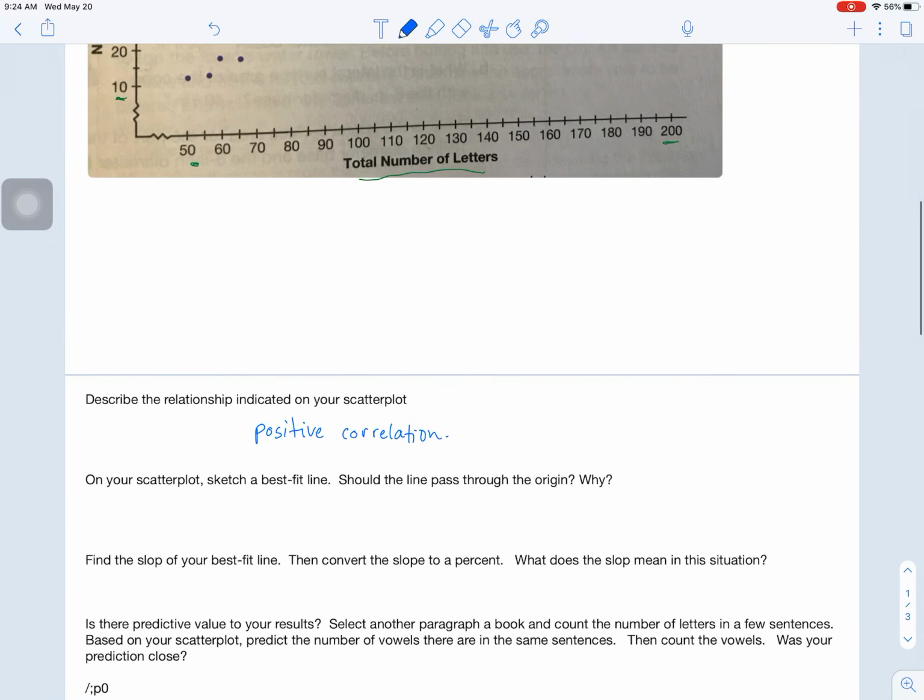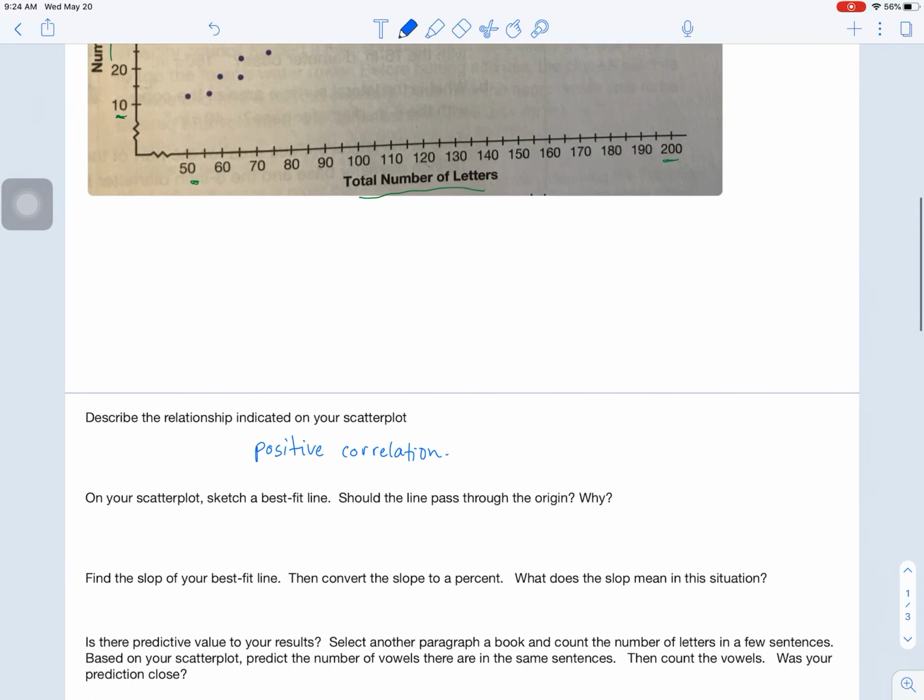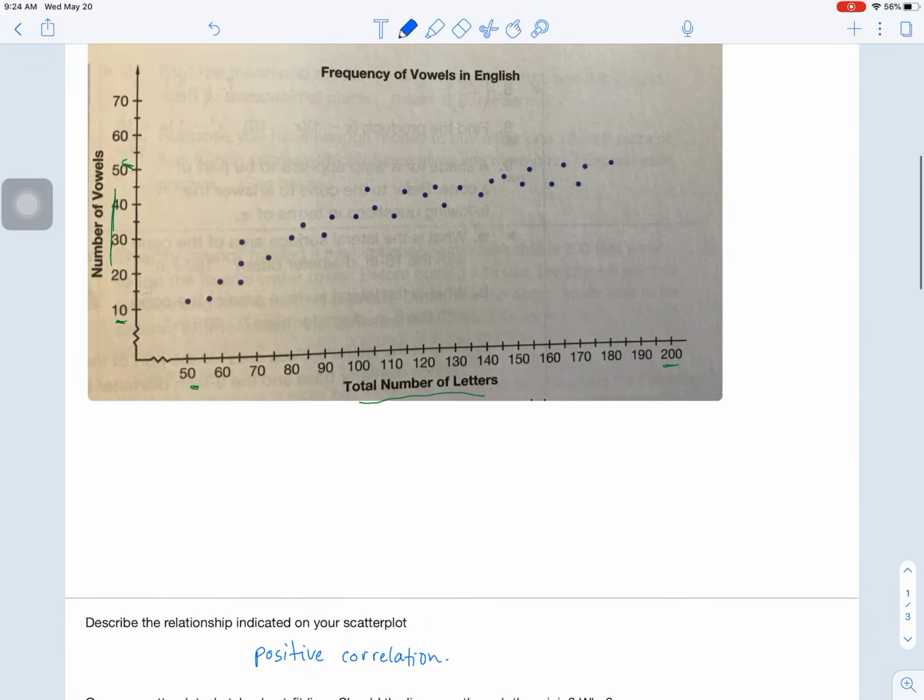And then it says, should the line pass through the point of origin and why? So let's first work at sketching a line. In order to do that, you want to roughly put your line through where it would best fit on this correlation. So I've drawn my line.